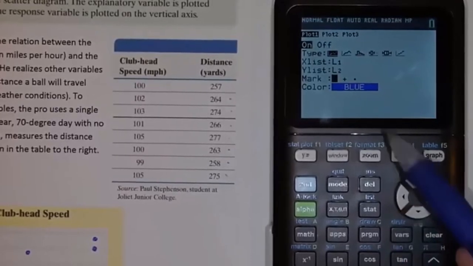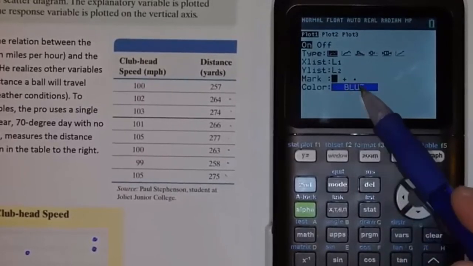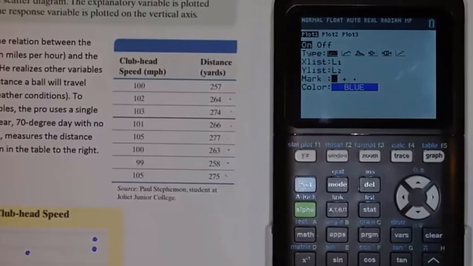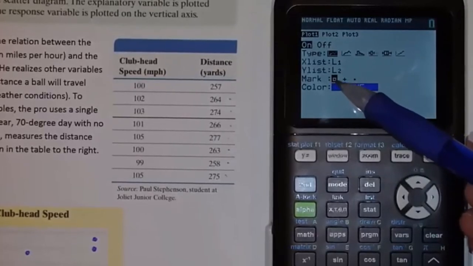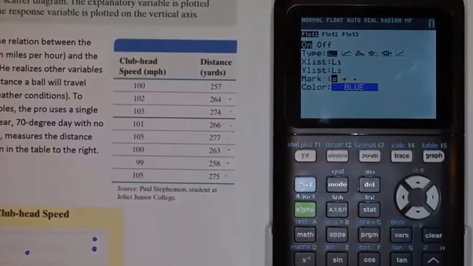The last thing that I have to tell the calculator is what kind of mark do I want it to use in order to label the points. Usually in this class, we're going to have a relatively small number of points, probably never more than like 20, usually more like 10 or 15. So usually I prefer to use the square because that's the biggest one and it just shows up more.